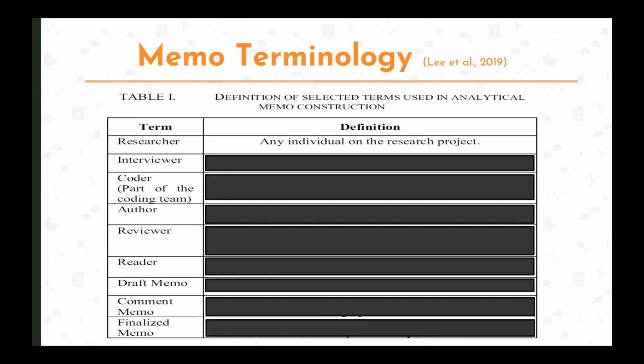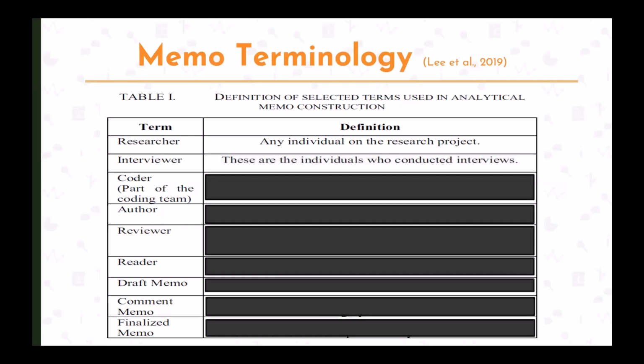So we can use that term to refer to ourselves. Then there are the interviewers, right? These are the actual people who, if you're doing an interview as the way of collecting your data, would fit in that role. And sometimes you have multiple roles. If you're the researcher and the interviewer, you're kind of by default a researcher if you're in any one of these things.